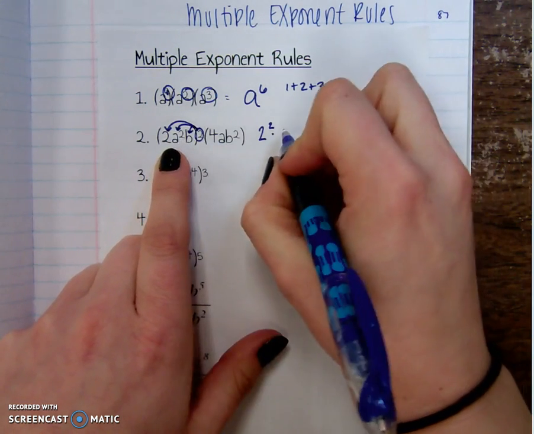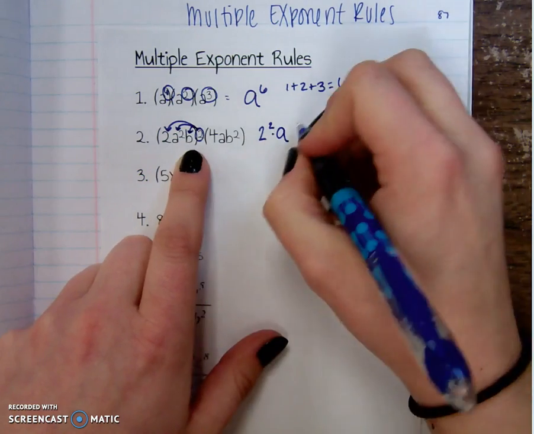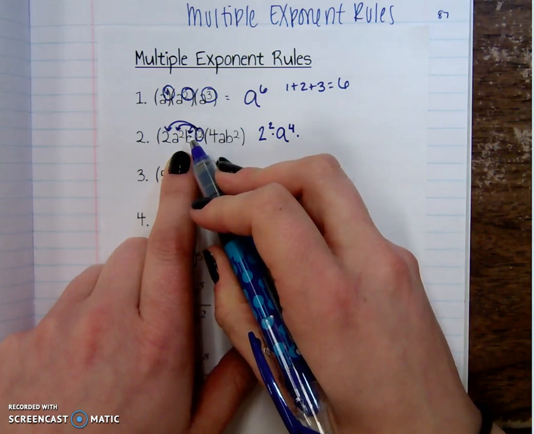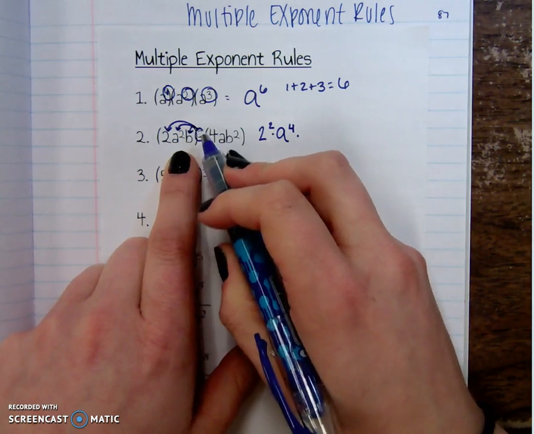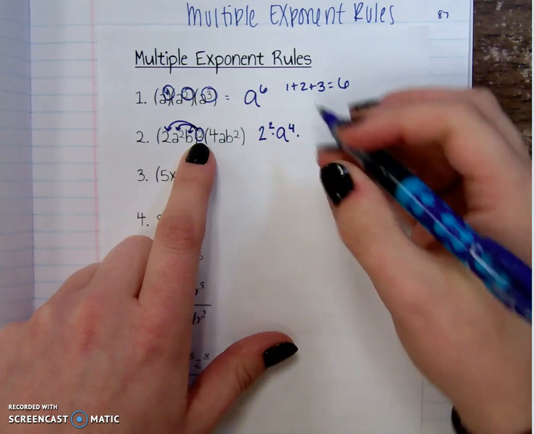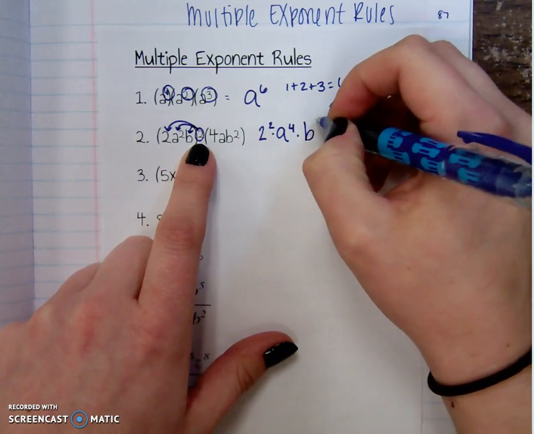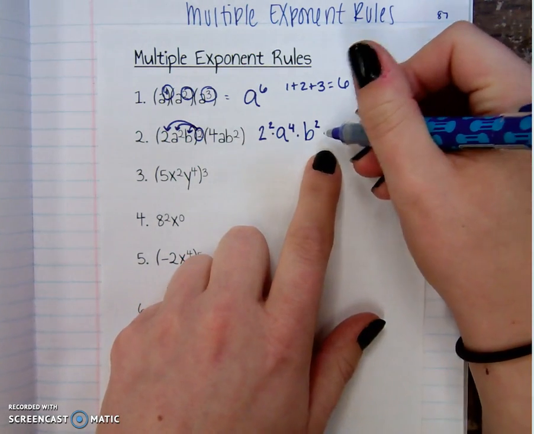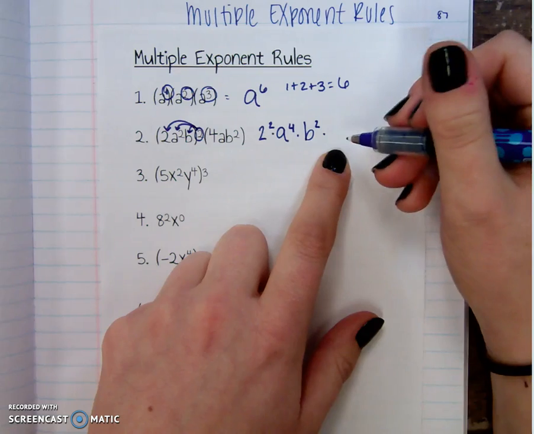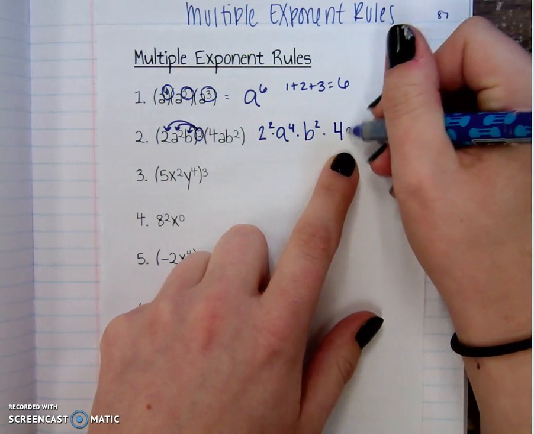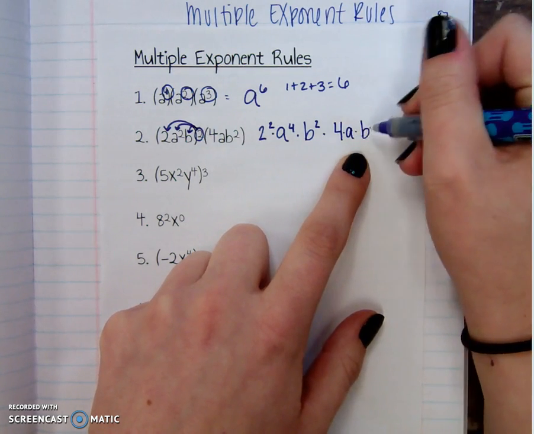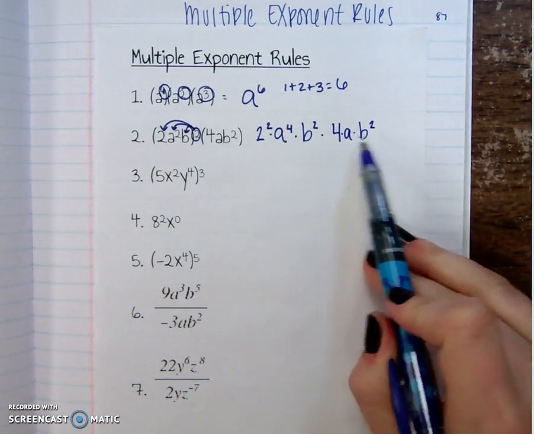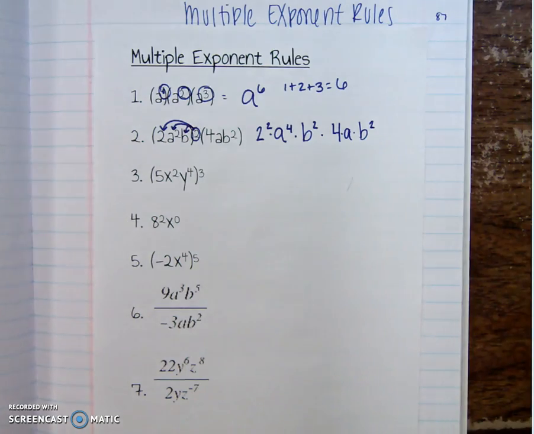My rule is to keep the base, multiply the exponents, and I have b with an exponent of an invisible 1, raised to the power of 2, is going to keep the base, and b is going to be squared. All right, and that whole expression is multiplied by 4ab squared. You can put multiplication signs or multiplication dots in between all, but you do not have to.